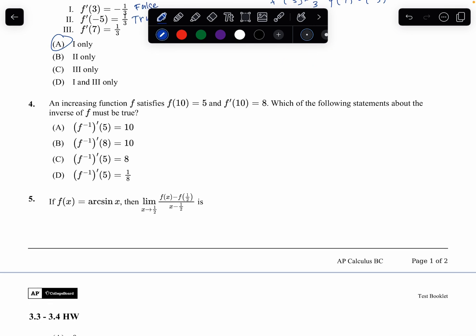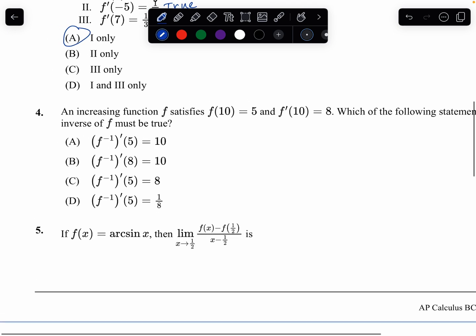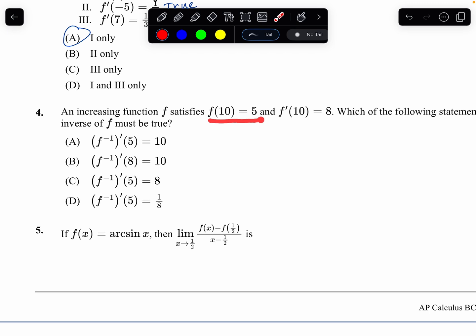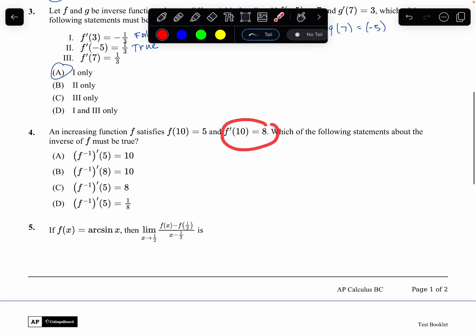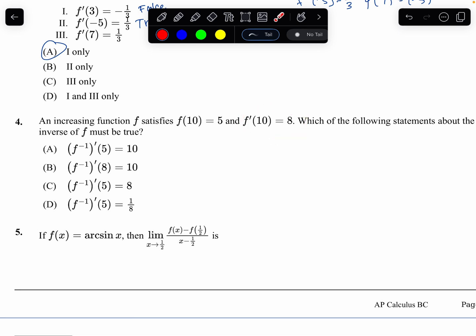4 is going to be very similar to 2. So let's see here. I know that f of 10 is equal to 5. I know that f prime of 10 is equal to 8. Which of the following must be true about its inverse? So I know that the inverse function at 5 is going to be equal to 10.